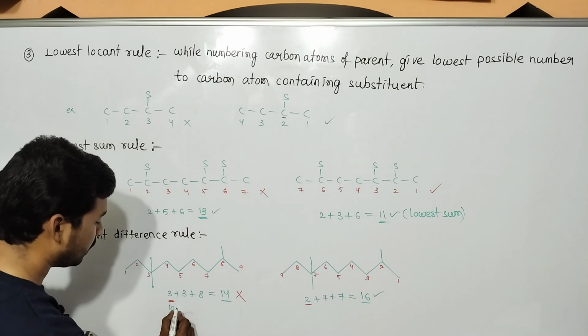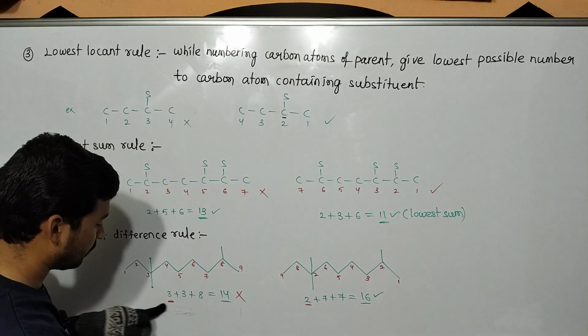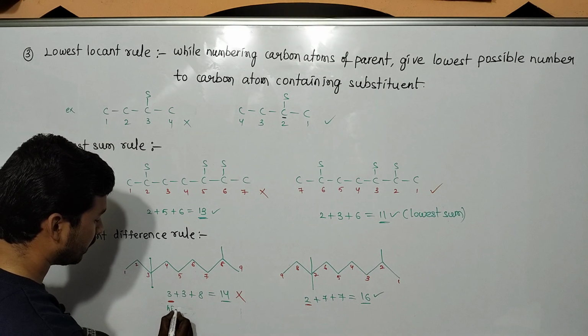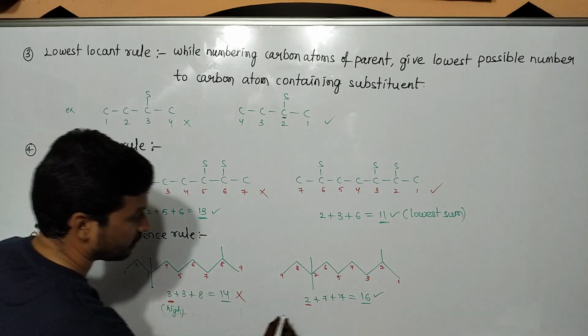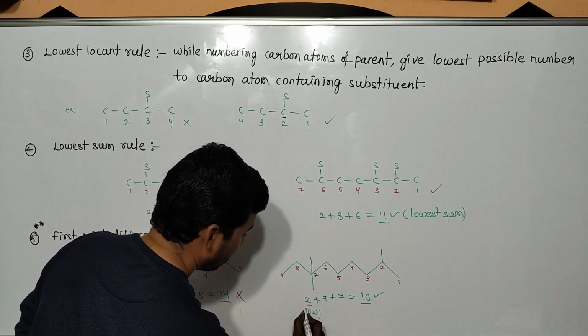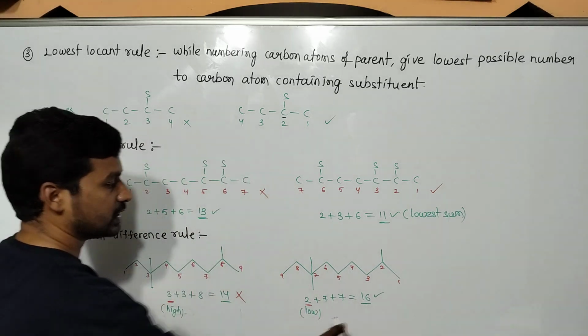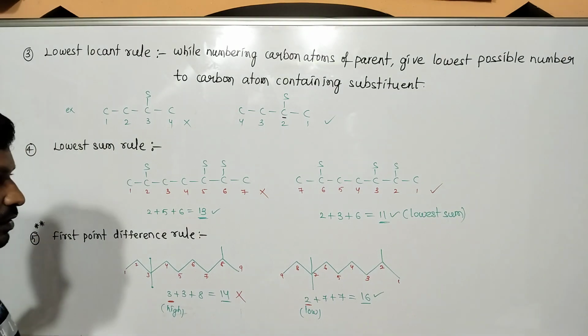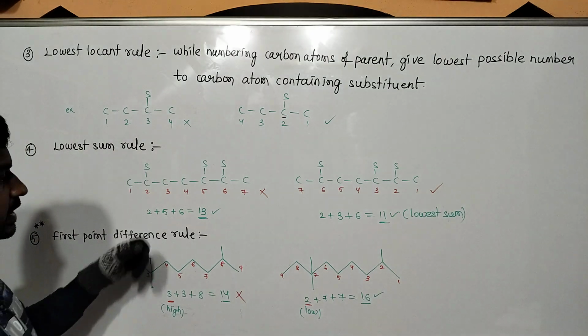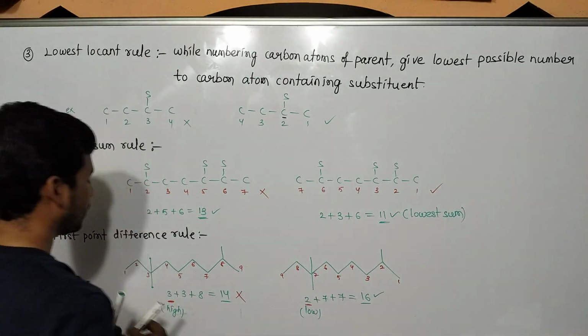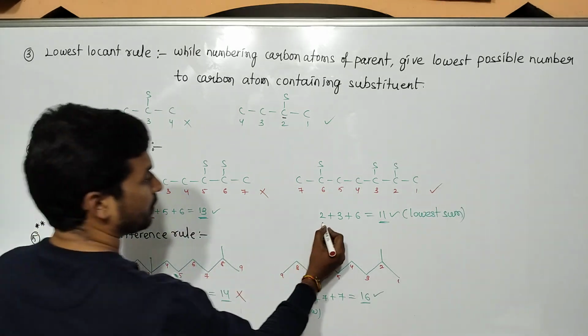So the first point is high. This is important, try to understand. First point is high here, first point is low here. Even though the sum becomes a high value, this method is correct. So see here, what is the first point? First point is 2, here first point is 2.